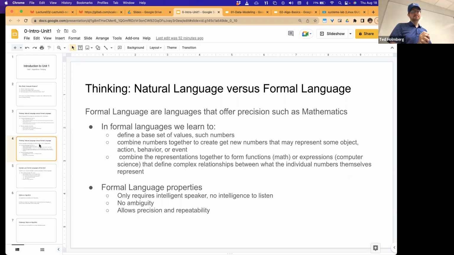So let's talk about some of the properties of formal languages. A formal language only requires an intelligent speaker, but the listener does not have to be intelligent. And what that means is you could have an intelligent listener. So if I craft a mathematical function and I give it to you, you could process data in there.